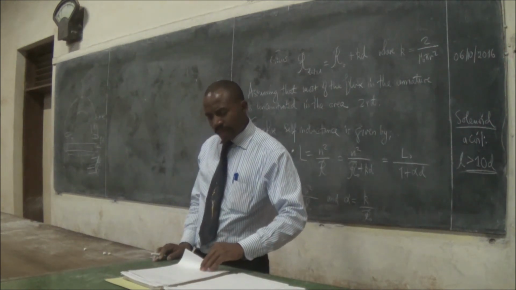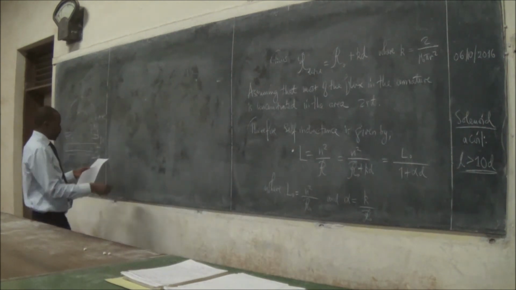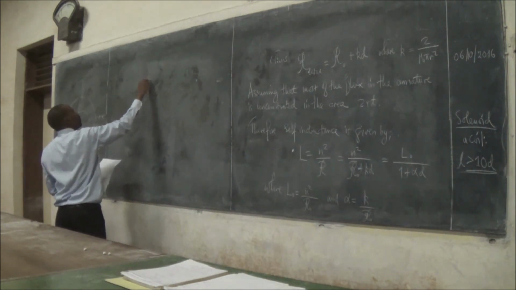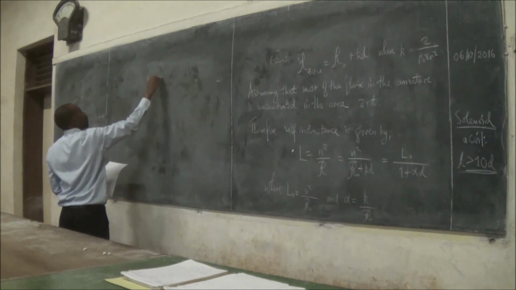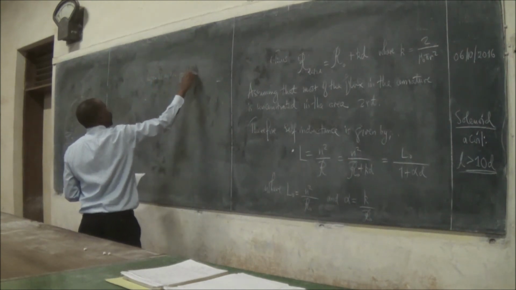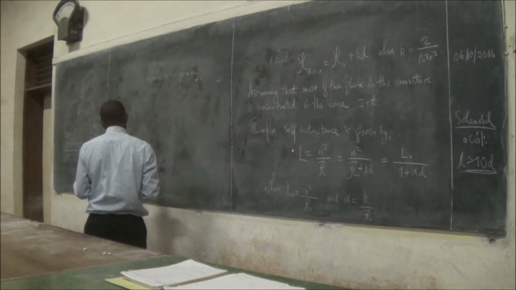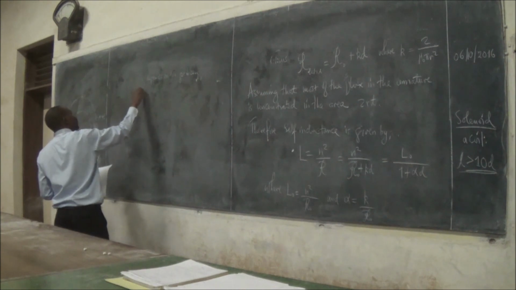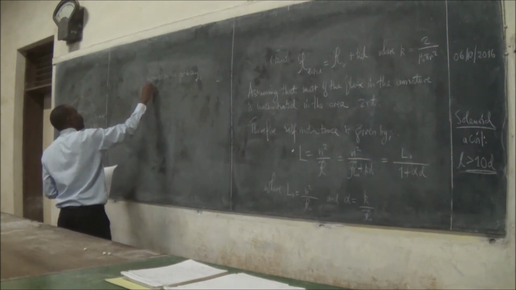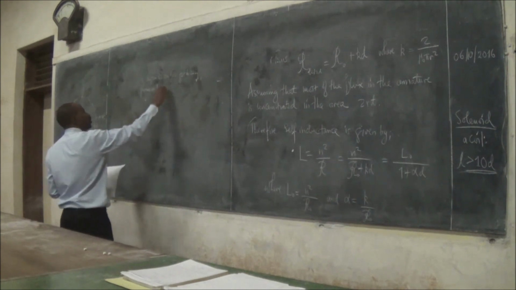The new constant we've brought in, alpha, depends on the geometry and permeability.